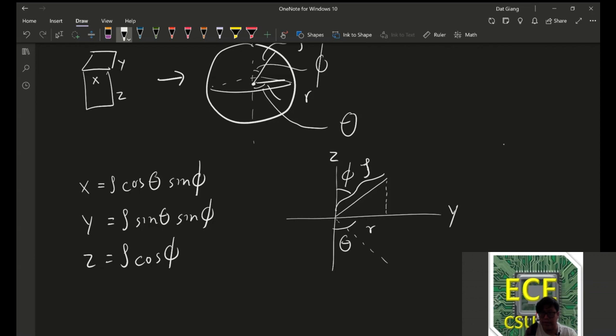So the relation between phi, r, and rho is given by r being equal to rho sine of phi, and z is equal to rho cosine of phi.